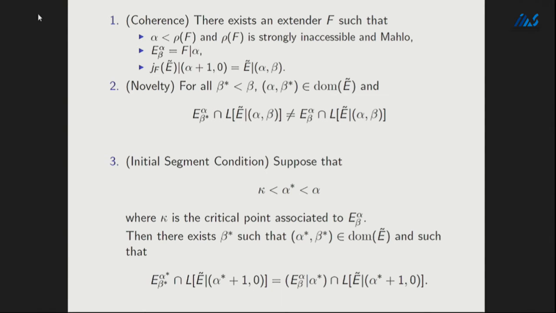We are no longer requiring that the length of the extender be less than or equal to the associated image of the critical point. Okay, so this is how we would try to reach beyond super strong. Okay, so 20 minutes. Now that's a lot of definitions. So now how about one more definition and then we prove a lemma.